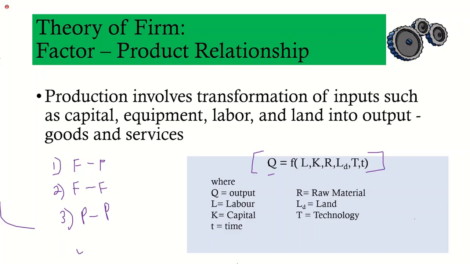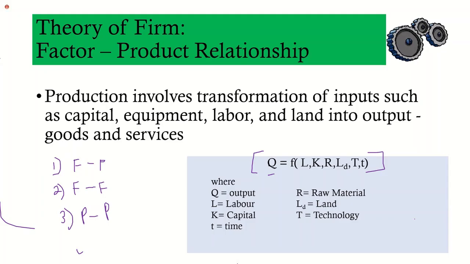Now, I'm just taking examples of crops, but it can be applied to any product. It could be a product that's produced inside a firm, a plant, a factory. But since we are focusing on agricultural products or food products, we'll take an example of a crop.